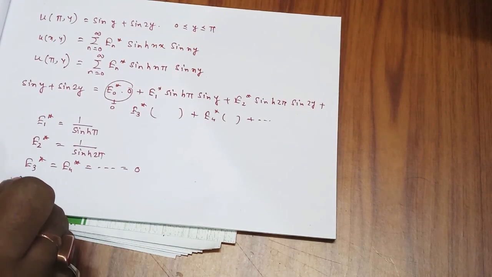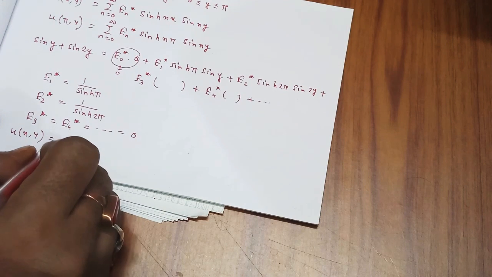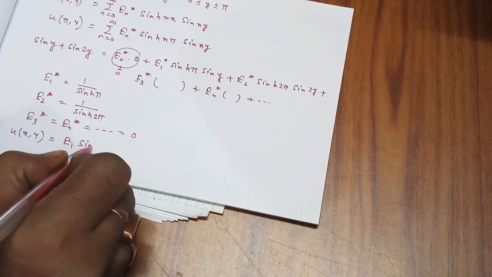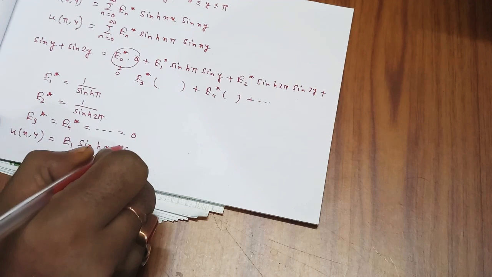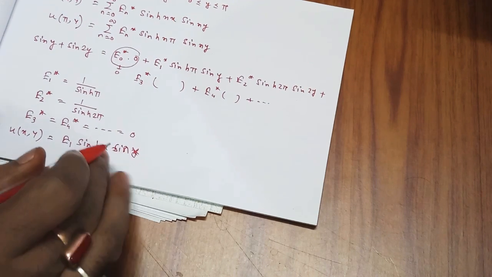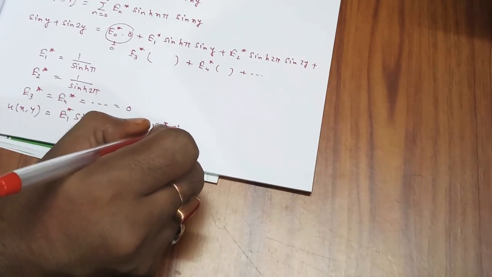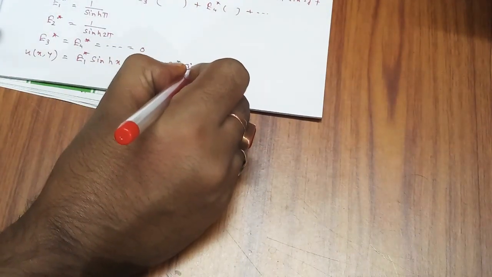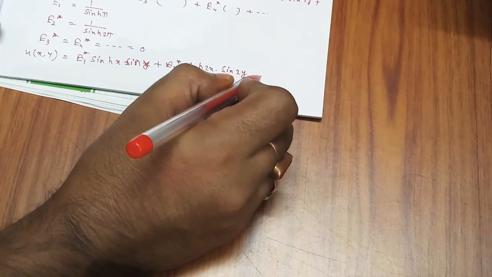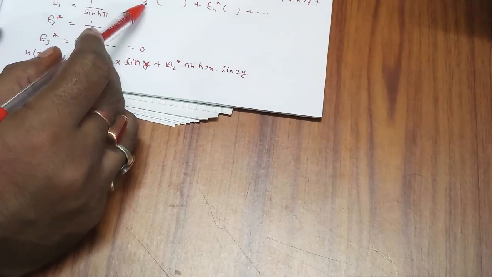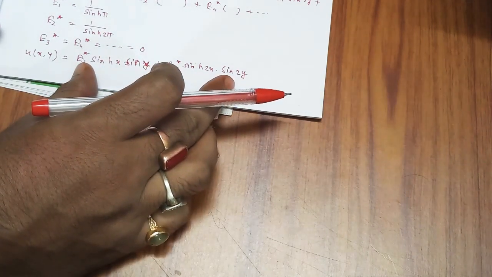That means our solution u(x,y) is going to be E_1 star sinh(x) into sin x sin y plus E_2 star sinh(2x) into sin 2y plus E_3 star into something and so on, but E_3, E_4 star, all these values are equal to 0, so this is going to be our solution.